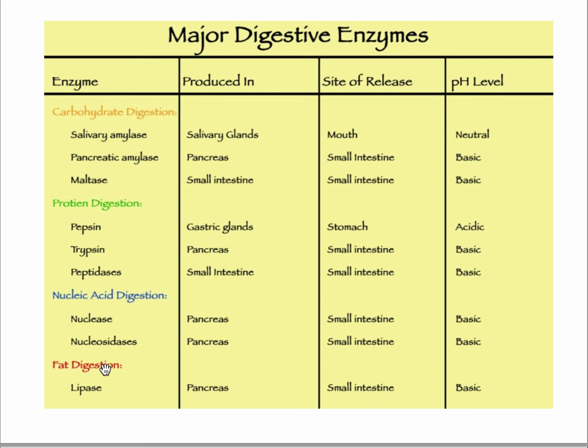And fat lipase is produced in the pancreas and released in the small intestine, and works in basic pH. So you can see only pepsin, which works in the stomach, is in acidic pH. Because the stomach has acidic pH and the small intestine has basic pH, the enzyme that works in the stomach works in acidic pH, and the enzyme that works in the small intestine works in basic pH.